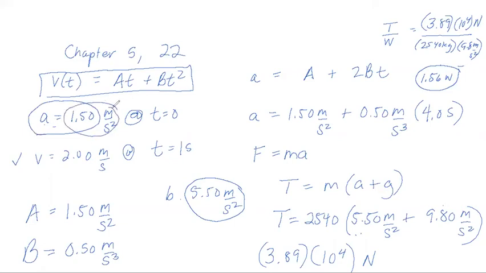So all you have to do, and I'll let you guys solve this on your own, is you go to this equation and you substitute 1.50 meters per second squared for 5.50 meters per second squared, because at t equals 0, our acceleration was 1.5. This was our acceleration at t equals 4. And that was problem 22, chapter 5.